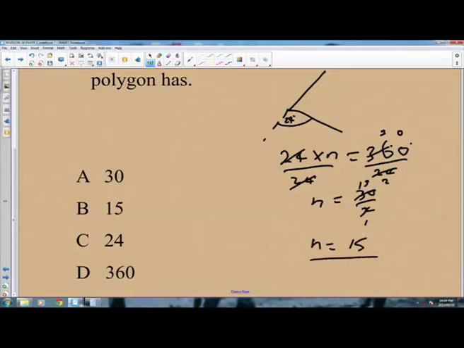So let's check from the alternatives. Do we have 15 somewhere in our alternatives? A is 30, C is 24, D is 360 degrees. So the number of sides for this polygon, which is 15, is at B. So we will circle the letter B. This is the correct answer to this question.